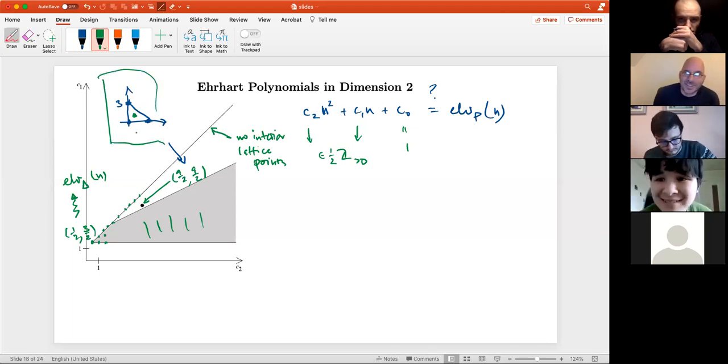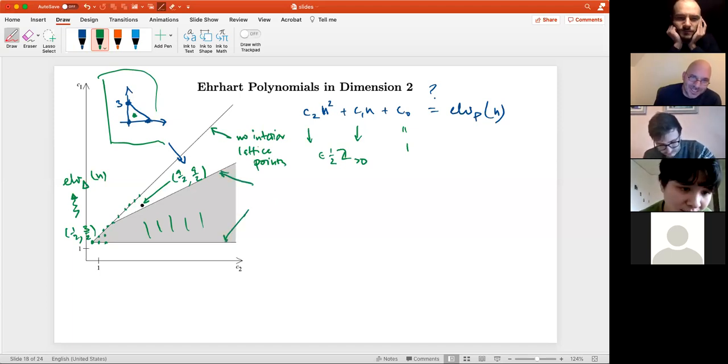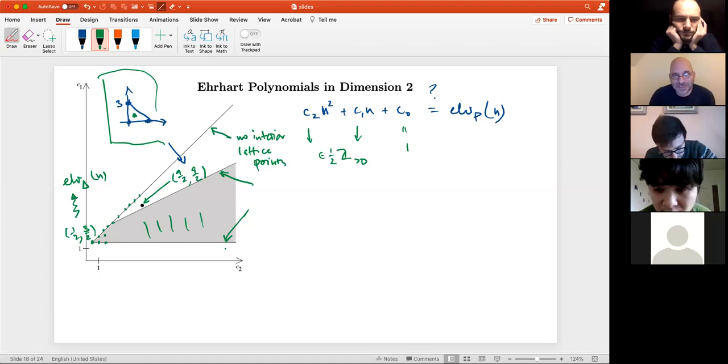There's a bunch of constraints, namely this constraint and that constraint, that you have when you have an interior lattice point. There's a theorem about this, and there's one exception, and it's this beautiful little reflexive triangle over there.